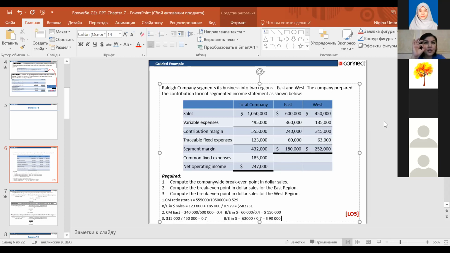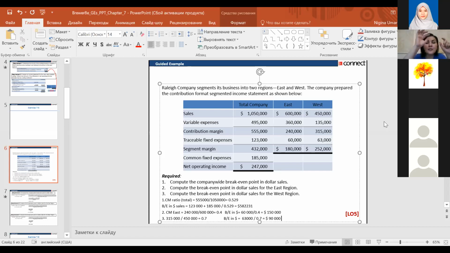And the manager should know, if the manager increases sales more than $90,000, then the company will make a profit.